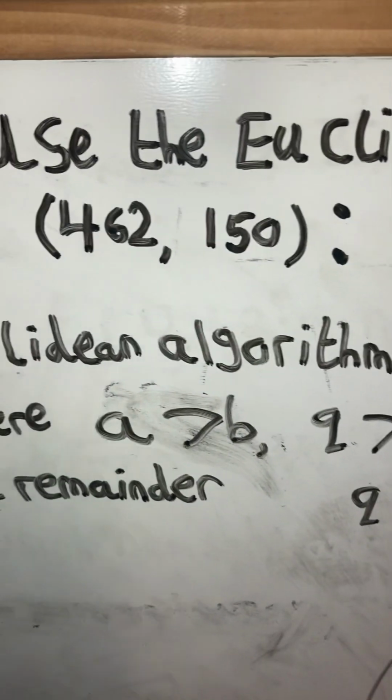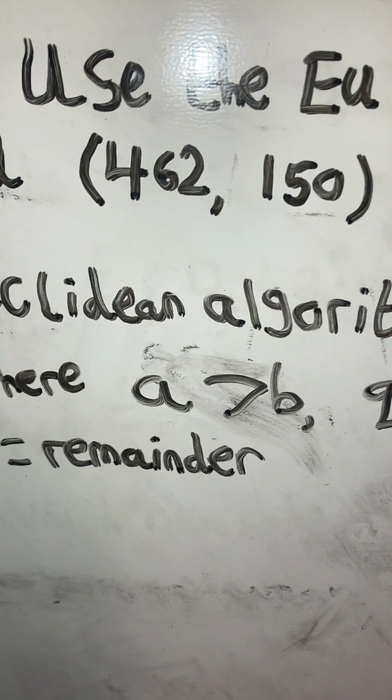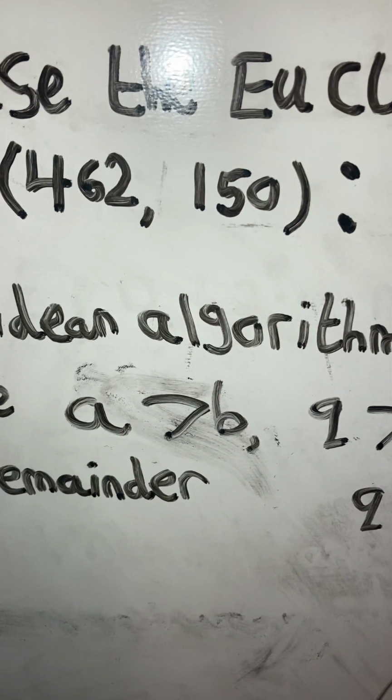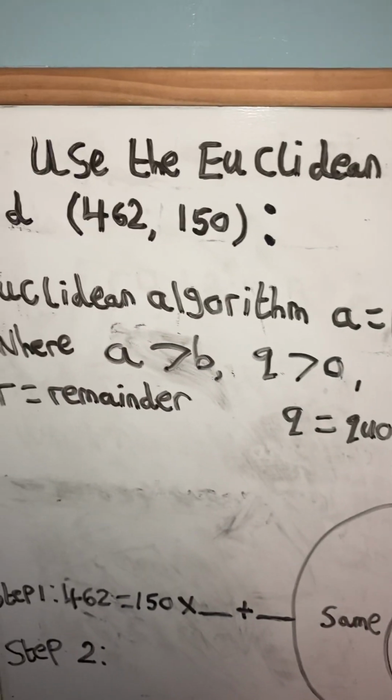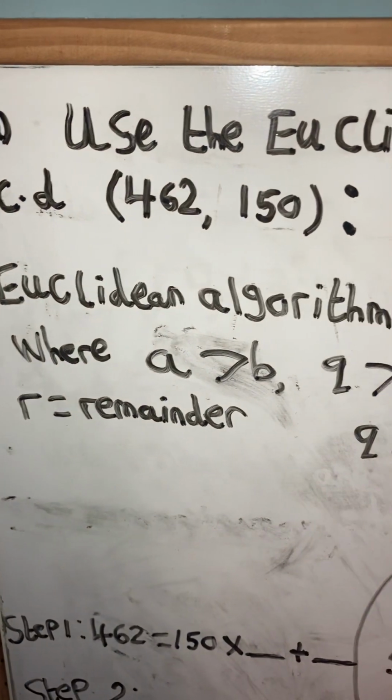We've got some conditions here. A has to be bigger than B. A and B are, very simply, the two numbers you're finding the GCD of.